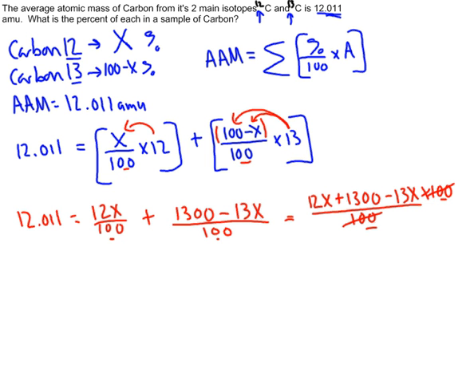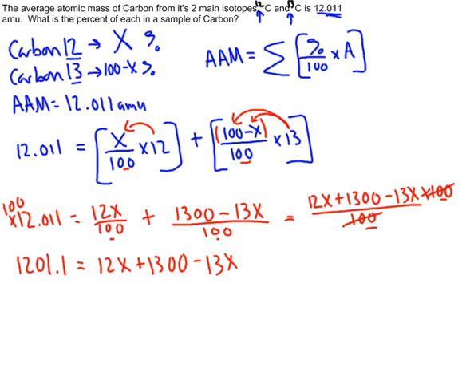So 1 times 12x plus 1300 minus 13x is just 12x plus 1300 minus 13x. So we're left with that by itself. But what you do to one side, you must do to the other. And I'll skip the middle step here since we're really only concerned with this over here, not to multiply that by 100. So I would get 1201.1 equals 12x plus 1300 minus 13x.